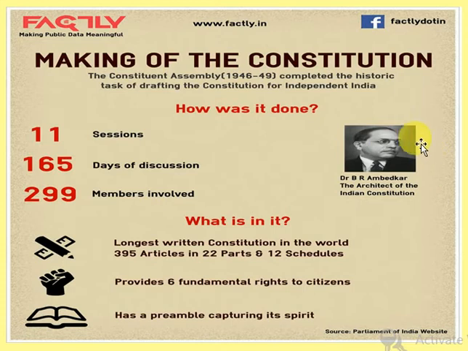The main person behind this was Dr. B.R. Ambedkar, who is also known as the architect of the Indian Constitution. What is in it? The longest written constitution in the world, 395 articles in 22 parts and 12 schedules, providing 6 fundamental rights to the citizens, with a preamble capturing its spirit. So this is very important.